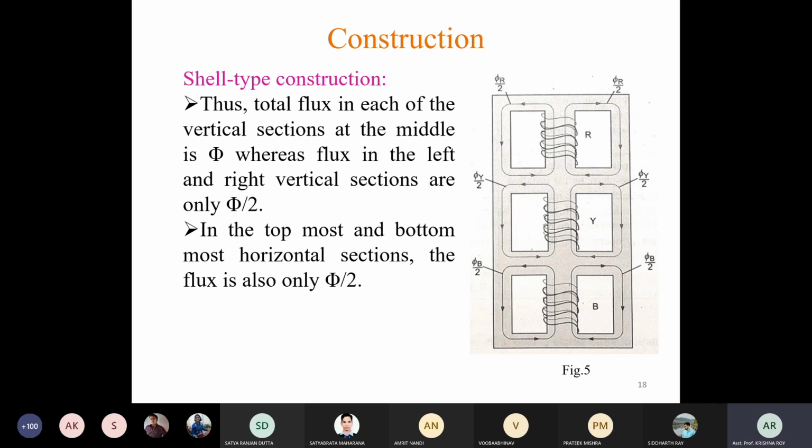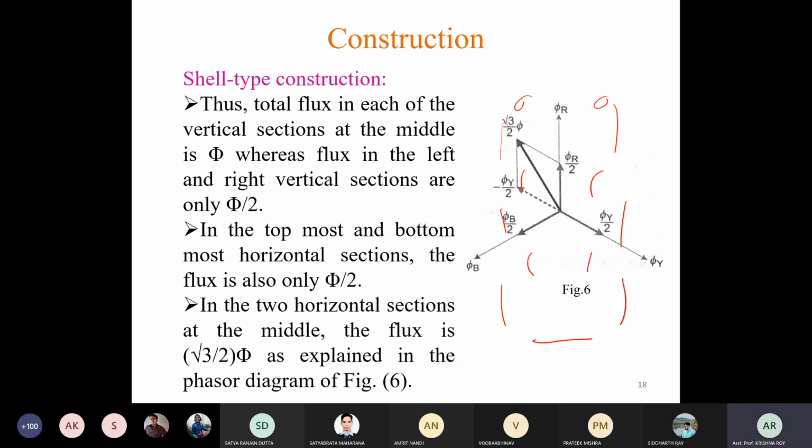Here I have already mentioned that this section and these side sections are carrying half the flux. All these sections are carrying half of the total flux produced by any one winding. Only this section and this section will carry the resultant of two fluxes. So we can find the resultant using the phasor diagram.